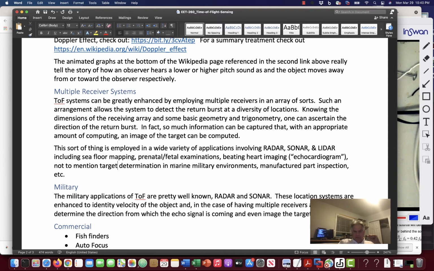So in a military environment, you can actually get an image of what it is you're looking at out there, perhaps whether it's an airplane or the size of the airplane or that sort of thing.